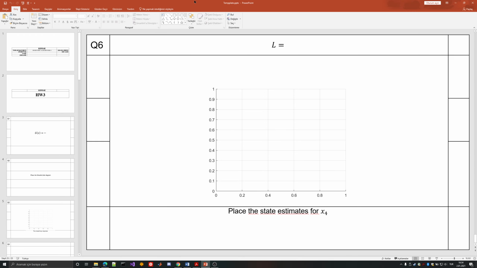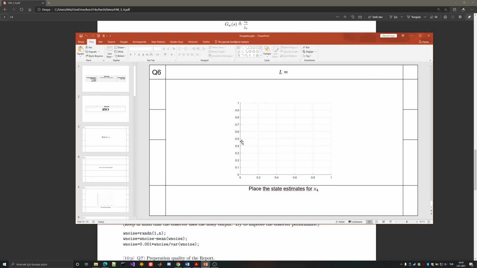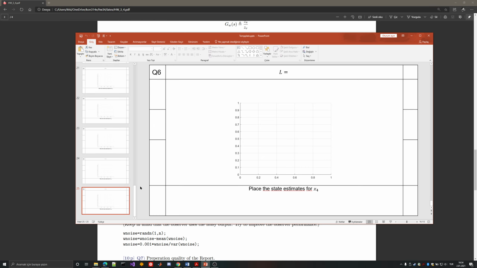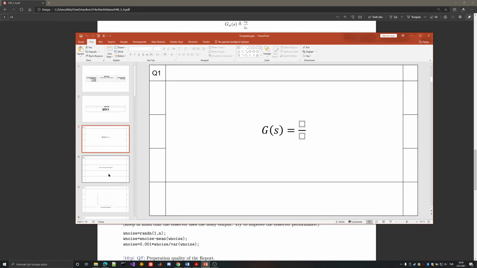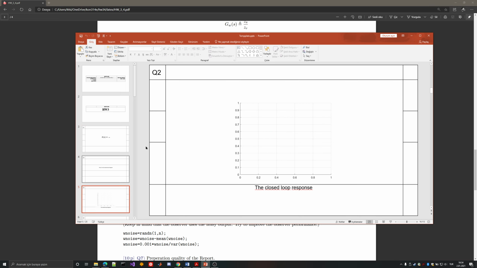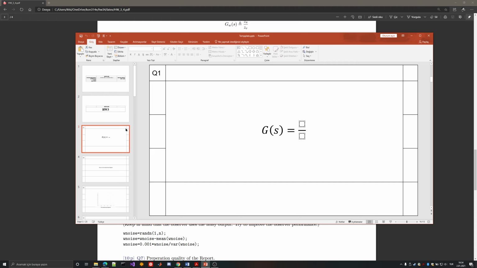So if you don't want to lose any grades at any point because you have forgotten something or you missed some sentence or a requirement, this will help you out, because if you fill this, then you have at least responded to all the questions. But whether it's a good design, or if it's a valid method or not, that will be a concern of later, basically. So you have to fill this and upload this PowerPoint.